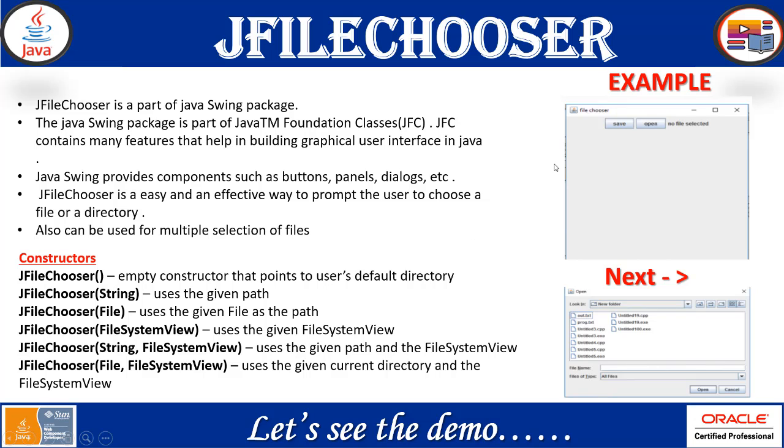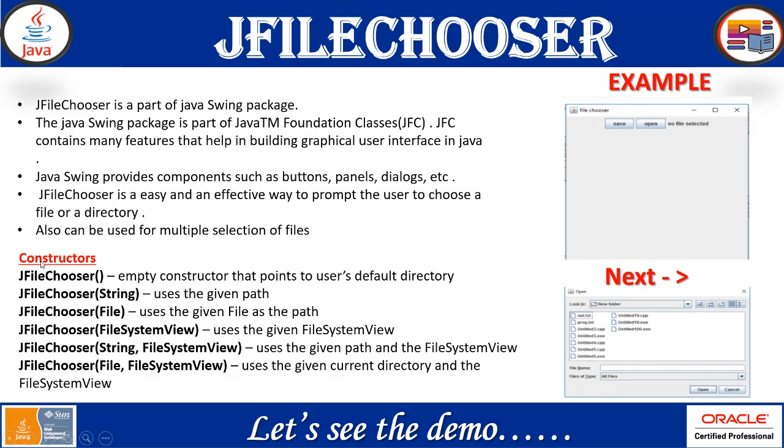So for example, the FileChooser is going to look something like this. When you click on open, this will open your local system window or local system directory. Now when you click on one of these files, it will be uploaded. Open and then it will be uploaded here.